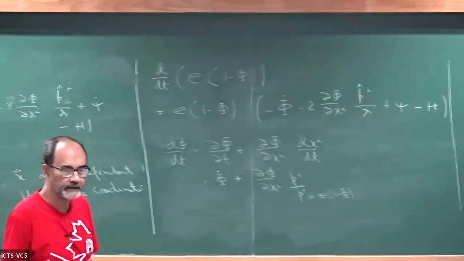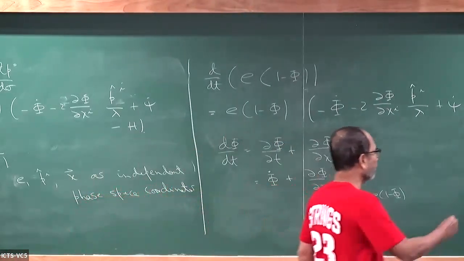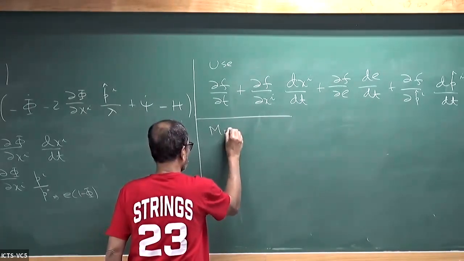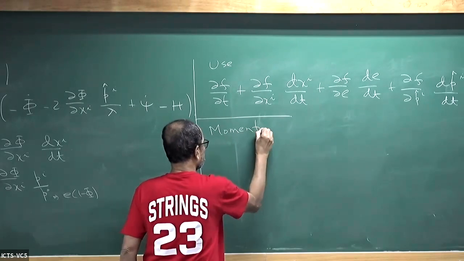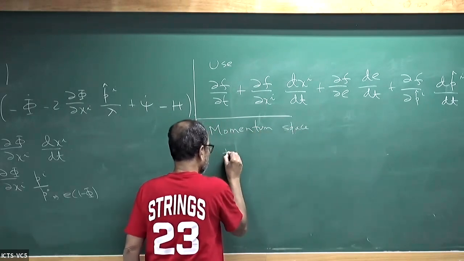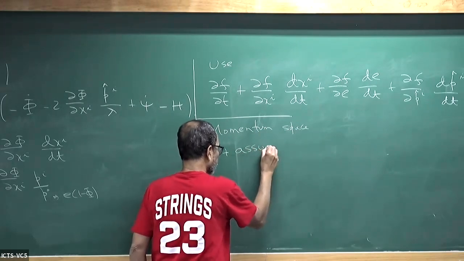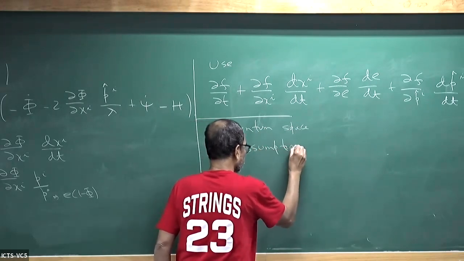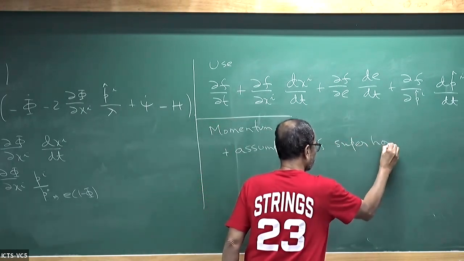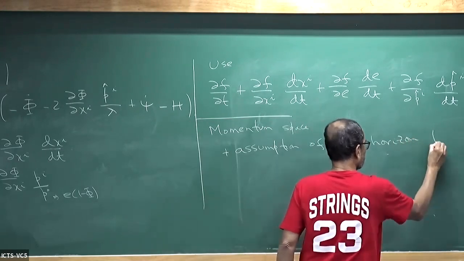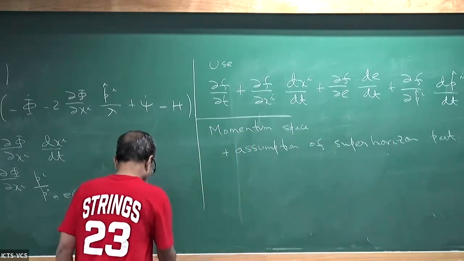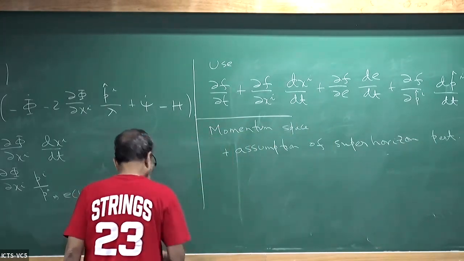Is this clear? So now we are going to go to momentum space and use the super horizon nature of the perturbation. Momentum space plus the assumption of super horizon perturbation, and see if we can simplify things.